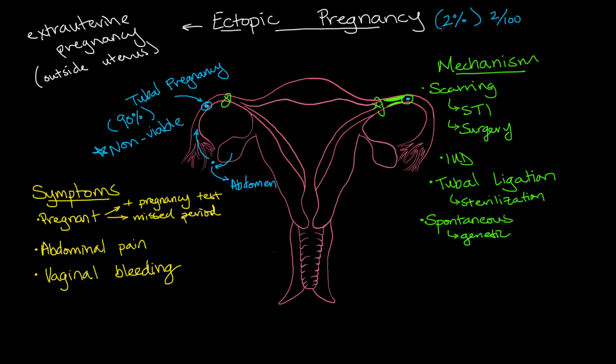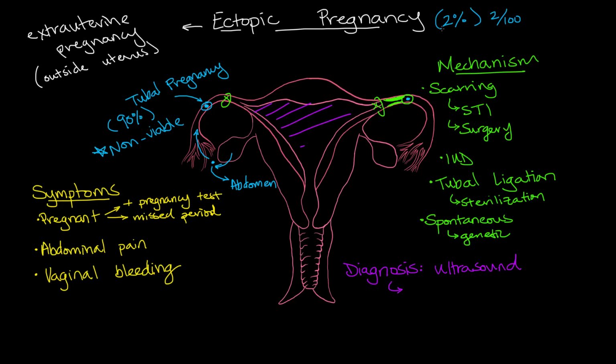So we'll come back to symptoms in a second, but we'll talk about diagnosis of kind of early ectopic pregnancy, so before it becomes an emergency. So diagnosis, you may imagine, is ultrasound. So if someone comes in and they have signs of being pregnant, but they have some abdominal pain and vaginal bleeding, they may get an ultrasound, and basically we're looking for a baby inside of the uterus.